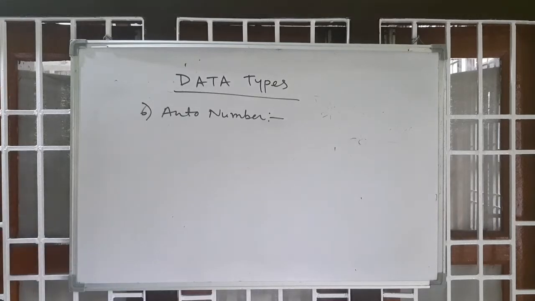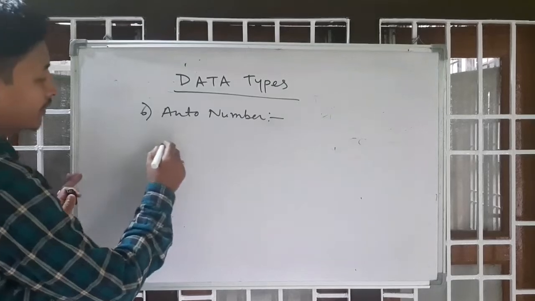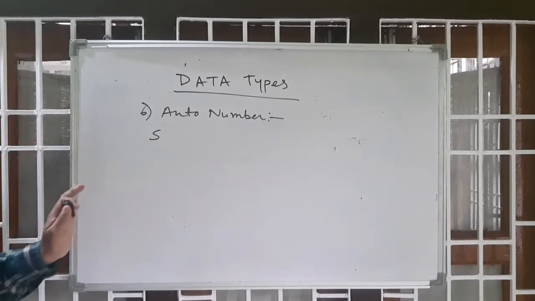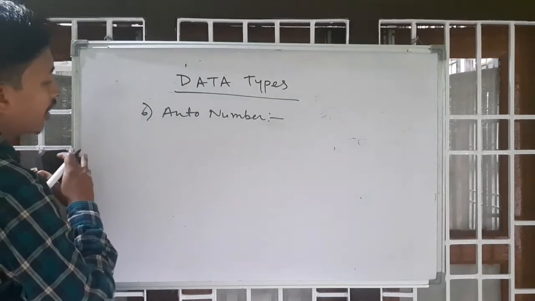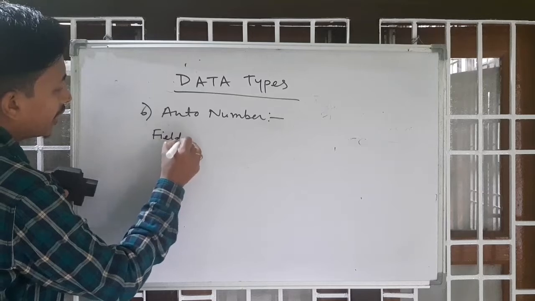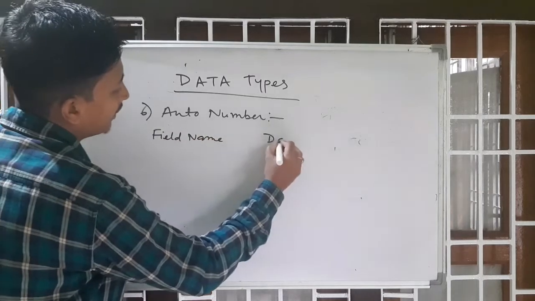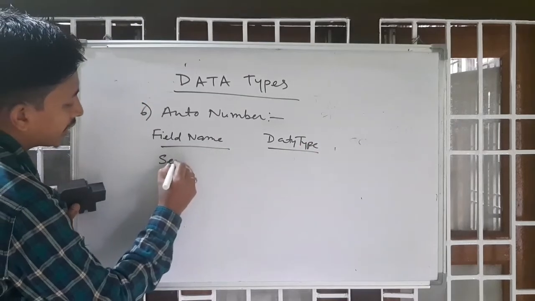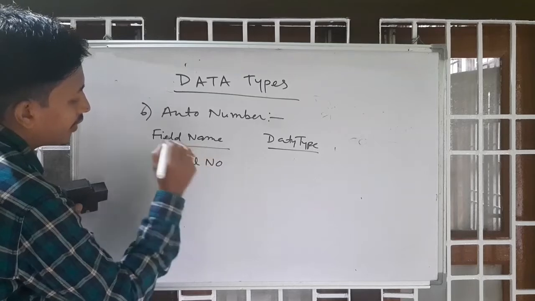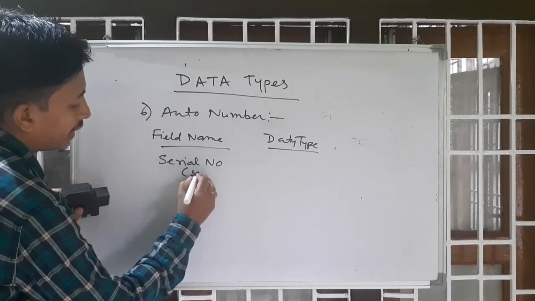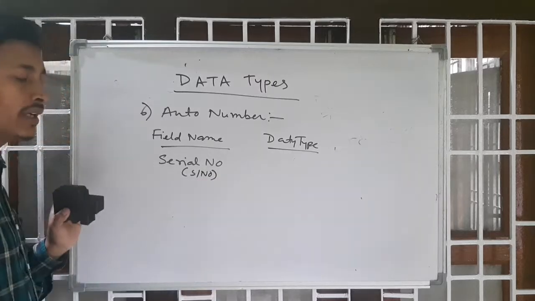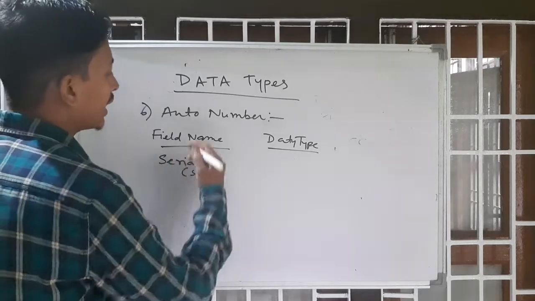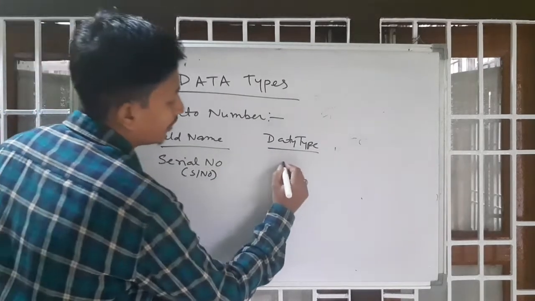Means what? You can add an auto number field. For example, serial number. In the field name you can give a serial number, okay. Now in serial number it should come serially one by one, so that's why the data type should be auto number.